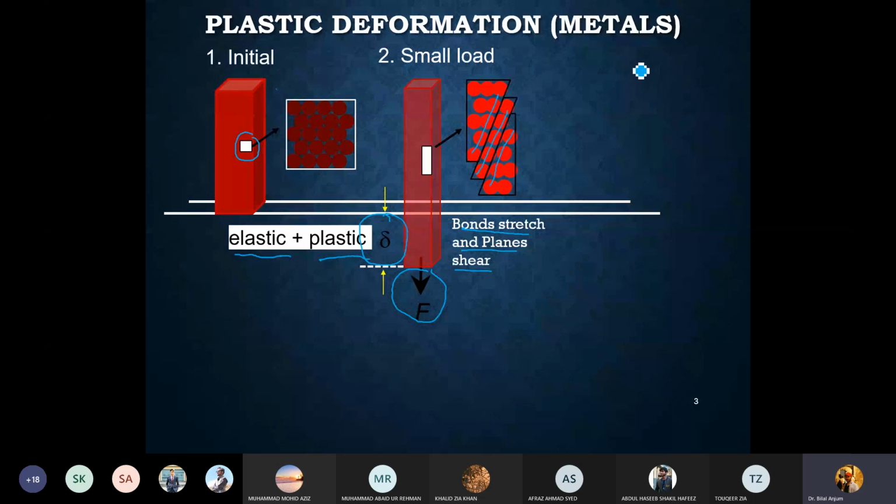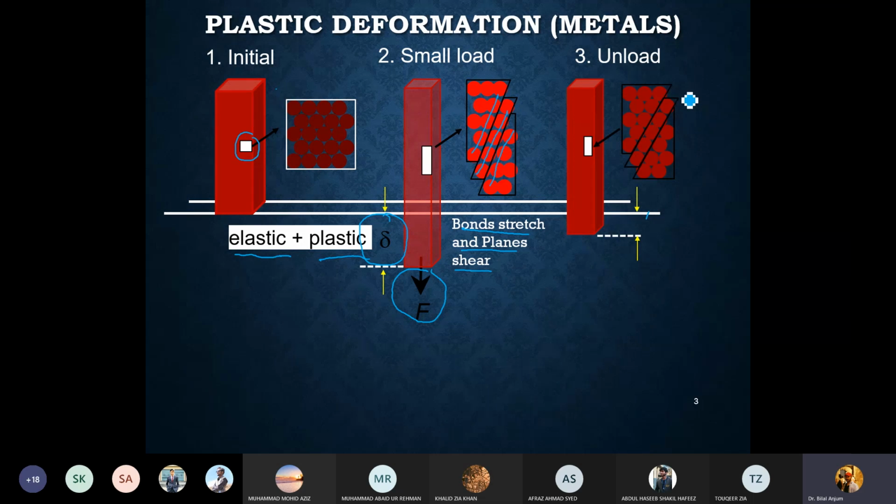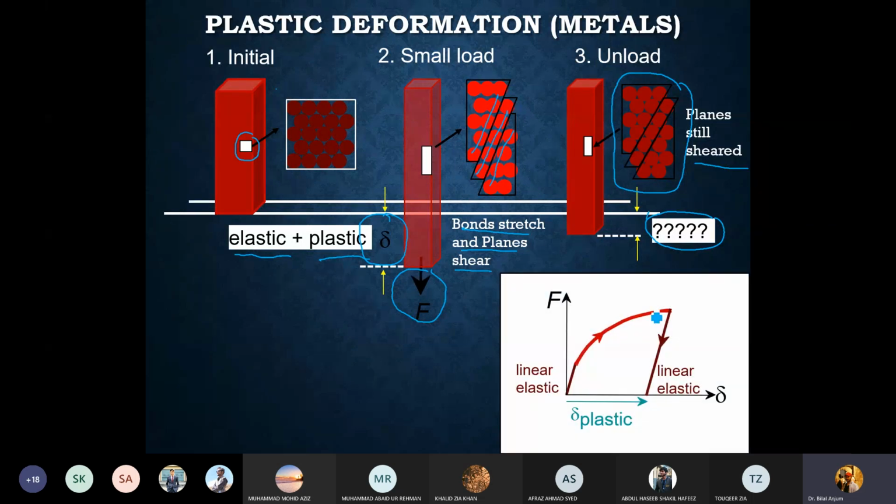Now, once you release the load, you already know that the atoms would get back to their original position, as in the case of elastic deformation. But for the sheared planes, there would be a permanent deformation. Planes would still remain sheared even if the force has been removed, and this deformation due to the shearing of the planes is essentially the plastic deformation or the permanent deformation.